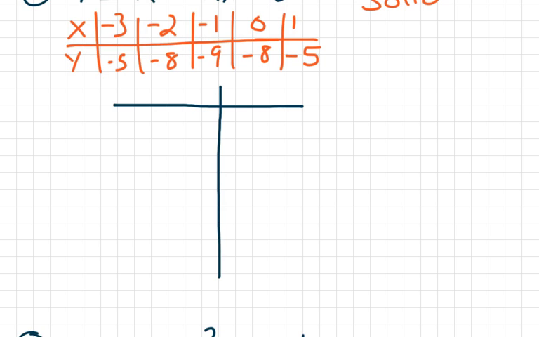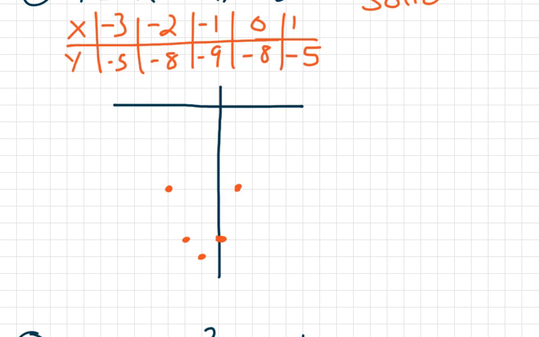I count 1, 2, 3, 4, 5, 6, 7, 8. 0, -8 is right there. -1, -9 is there. -2, -8 is there. -3, -5 is there, which means 1, -5 is there.